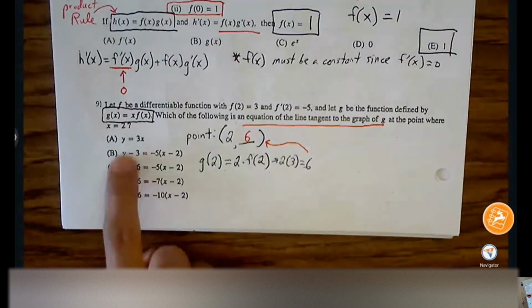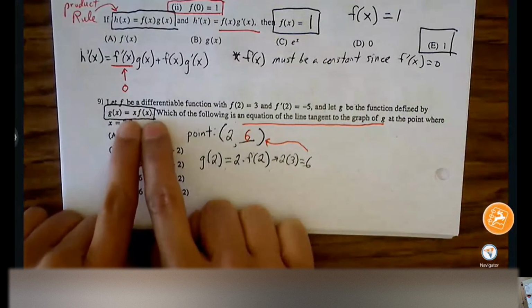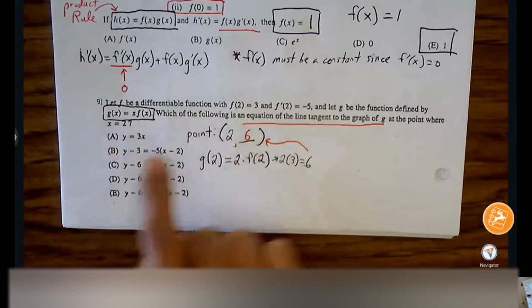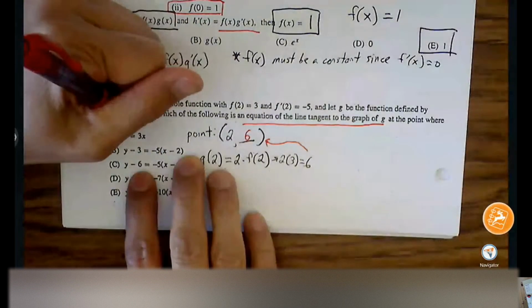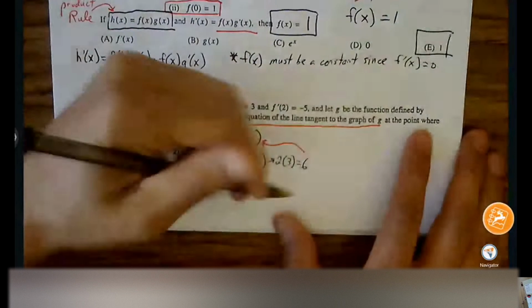Next up, we need to find the slope. To find the slope, we need to find the derivative. To find the derivative of g of x, we have to rely on what? Product rule. Hopefully you can see that x and f of x are clearly being multiplied with each other. We have to go through product rule.